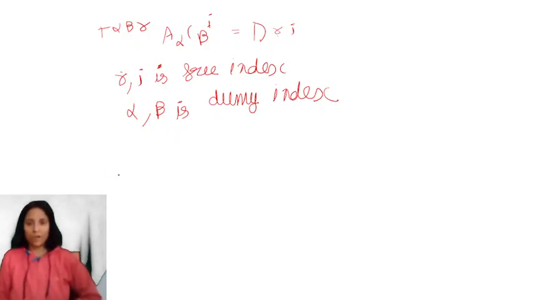So now, how many equations can one get? Every variable can take three values, 1 to 3. So gamma can take values 1, 2, 3.